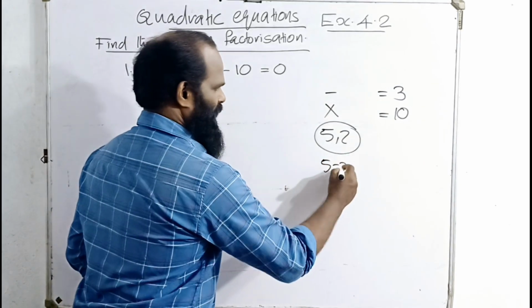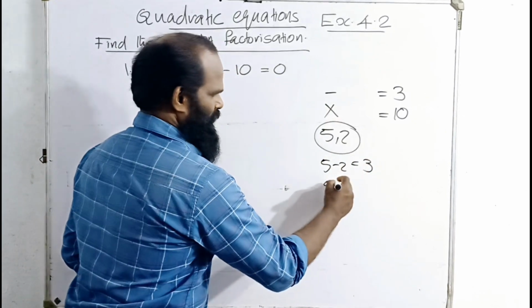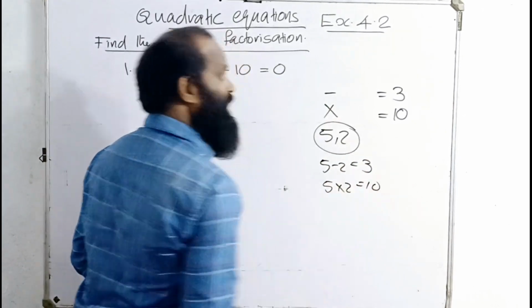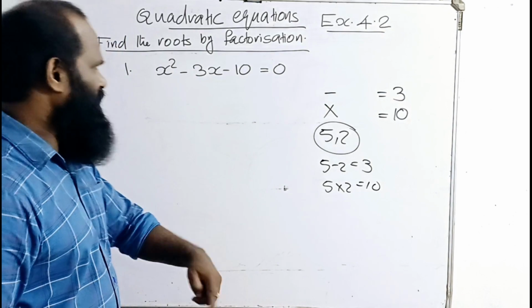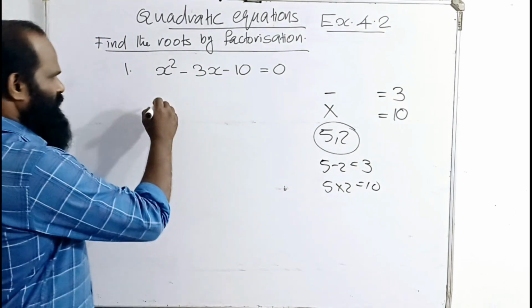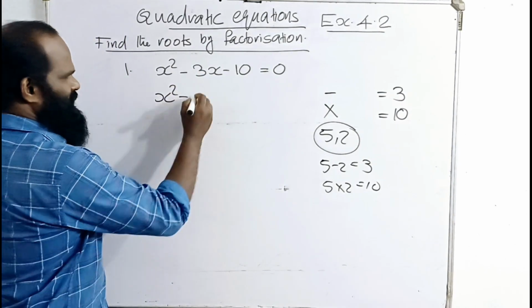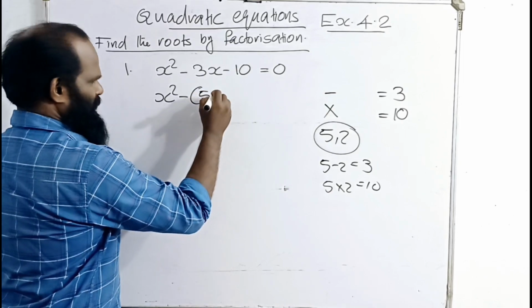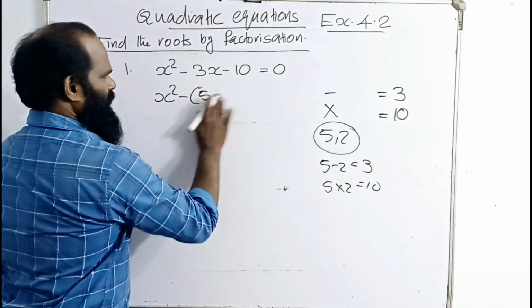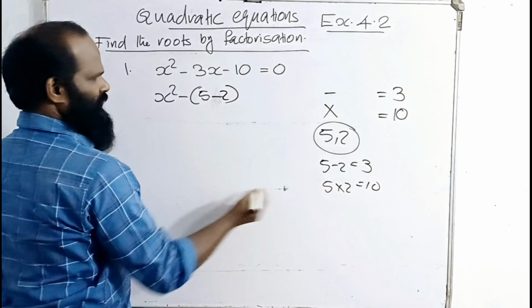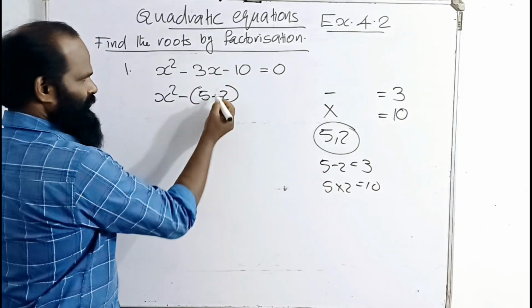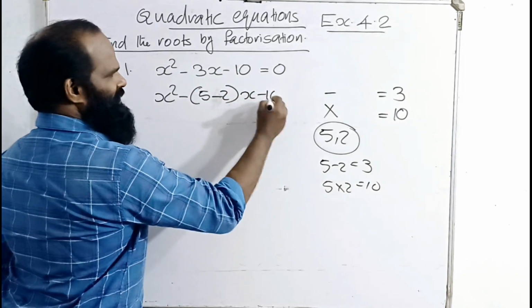Sure, 5 minus 2 is equal to 3. 5 into 2 is equal to 10. No doubt, 5 and 2. Using 5 and 2, we're going to split 3. So we write x squared minus 5 minus 2. We're going to subtract. 5 minus 2 times x minus 10 is equal to 0.